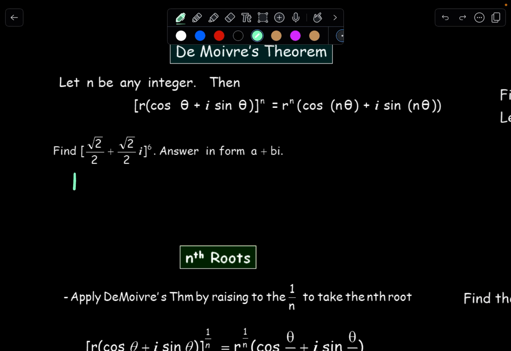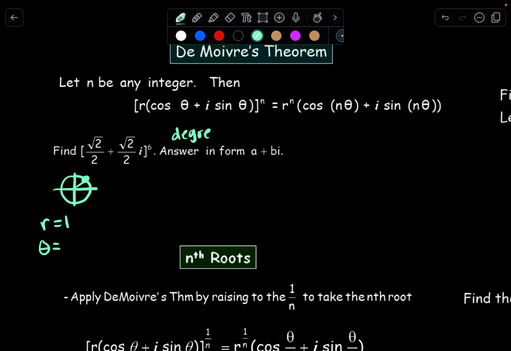So to convert to trig form, we've talked about this a couple times already. We will use the unit circle. Root 2 over 2 is a standard coordinate on our unit circle. It's going to be in quadrant 1, and that means our radius, because it's a standard coordinate on the unit circle, the radius is 1, and then our theta, let's do degrees.